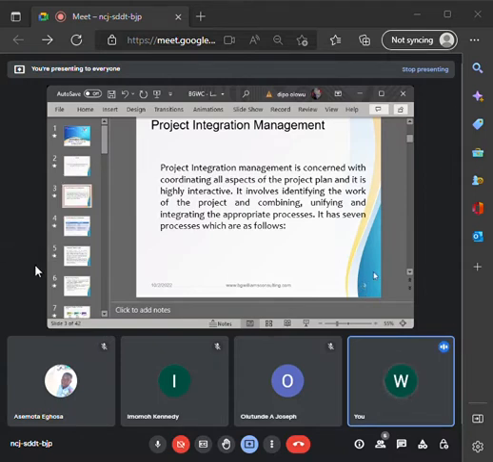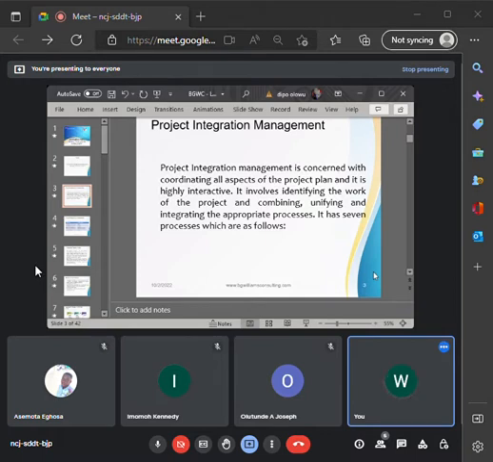So when we say integrate, what are we trying to say? That is a big grammar. Now, the simplest way to quickly decode that word is when we say that we want to see a way to put all the different pieces of a project into a cohesive whole.